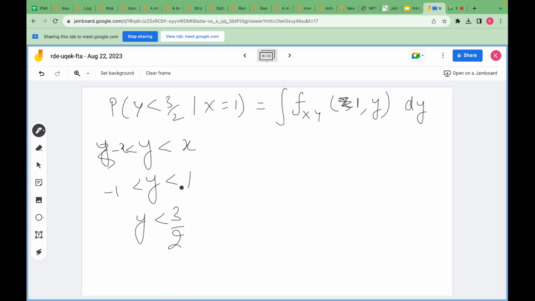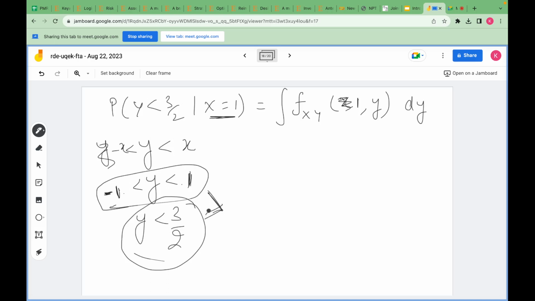Okay, so y will vary only from minus 1 to 1 here, because x is equal to 1. So y can only vary from minus 1 to 1, but we are asked that y should be less than or equal to 3 by 2. Okay, so the intersection of these two is that y varies from minus 1 to 1.